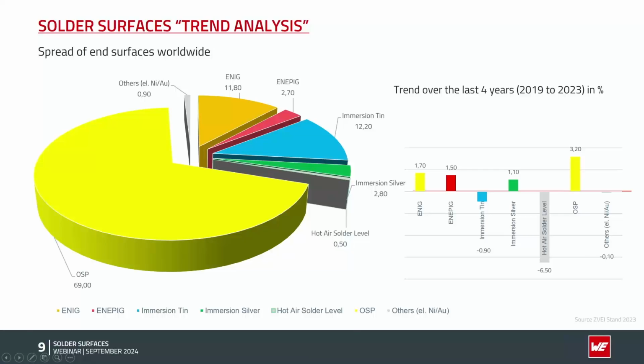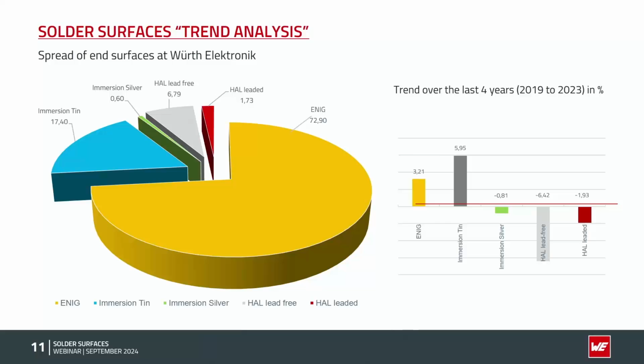So now let's have a look inside at the spread of end surfaces at Würth Electronic. Here we can see that the major surface is ENIG with more than 70%, followed by Immersion tin, hot air leveling lead-free, some hot air leveling still leaded for special applications, security applications and things like that, but still used, and Immersion silver.